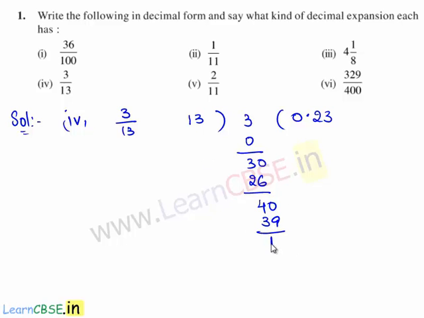13 does not go in 1. So because of the decimal point, 1 becomes 10. 13 does not go even in 10. So we take 0. 13 times 0 is 0. Therefore, we are left with remainder 10. Because of the decimal point, 10 becomes 100. 13 goes in 100 7 times, as 13 times 7 is 91. We are left with remainder 9.